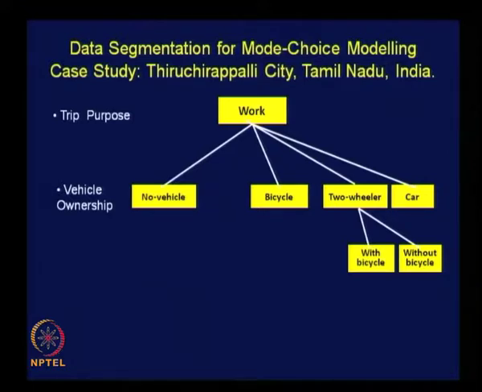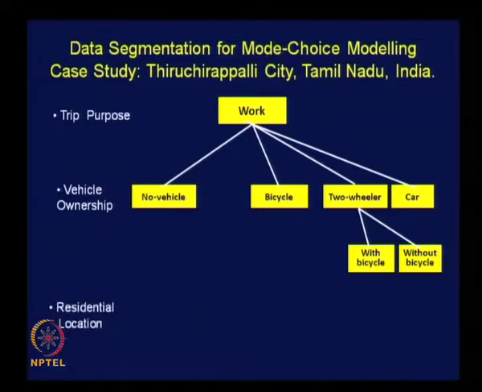Two-wheeler owning households may also own a bicycle or may not own a bicycle. So, when they own a bicycle, then the number of alternatives will be different. When they do not, alternatives are going to be one less than the other case. So, that should be taken into account.